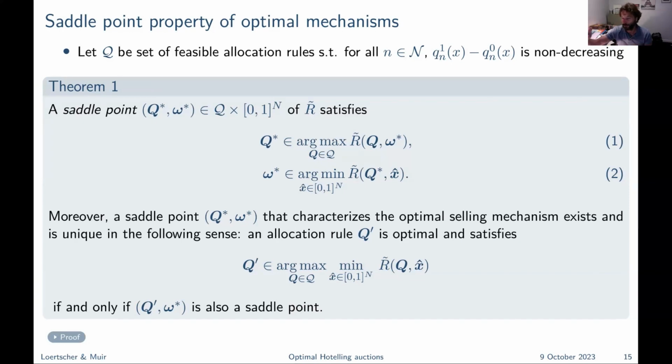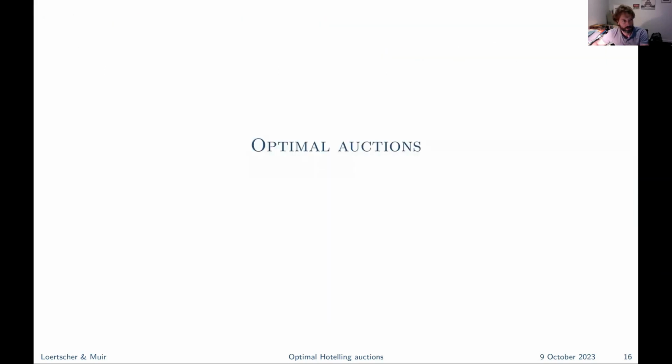For sellers, it would be the highest possible type. And you don't need to know anything more other than the monotonicity property of the allocation rule. But here, for different monotone allocation rules, you're going to have different sets of worst-off types. And so that's what this theorem buys us. And that's what gives these kinds of problems tractability, I will claim, the fact that we can find this saddle point. And then once we have found the saddle point, we know the optimal allocation rule, and then we can find the transfers.